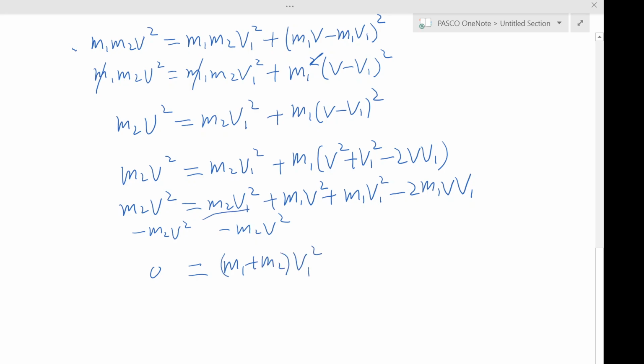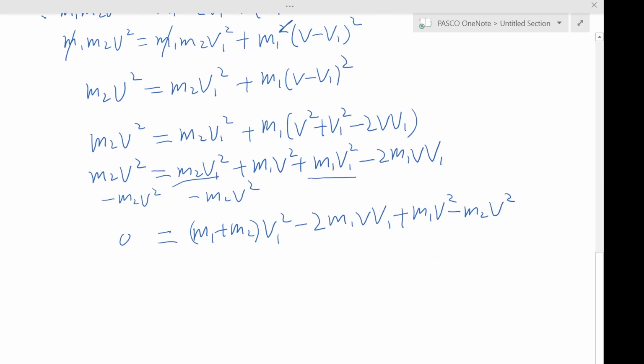So I'm combining those two like terms, so write v1 squared first, and then I have a v1 here, so minus 2 m1 v v1, and I have plus m1 v squared minus m2 v squared.